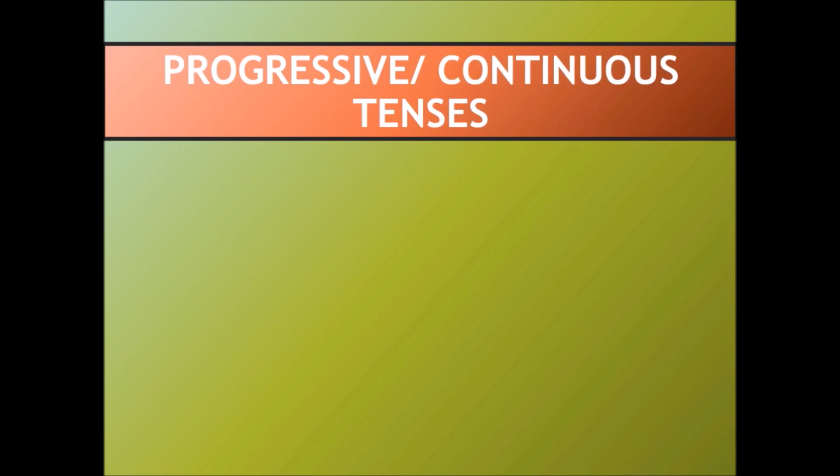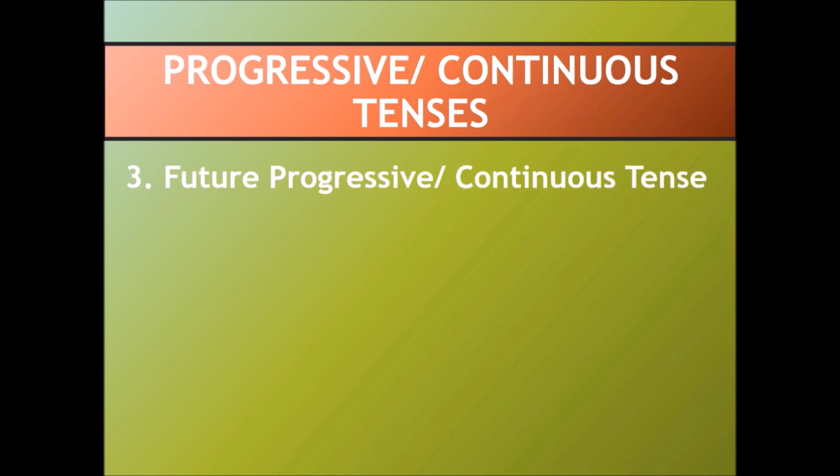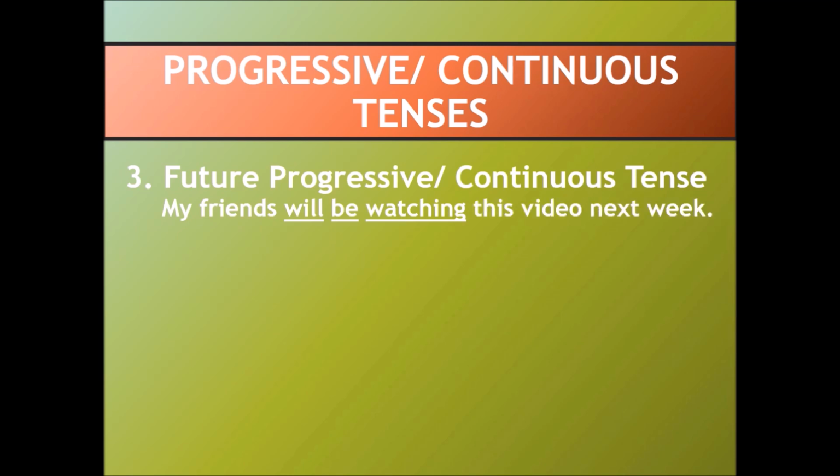The last of the progressive continuous tenses is the future progressive continuous tense, with an example of this one. My friends will be watching this video next week, wherein there are two helping verbs for the main verb. These helping verbs are will and be, and watching is the main verb.